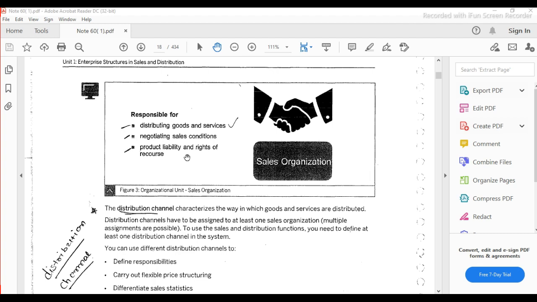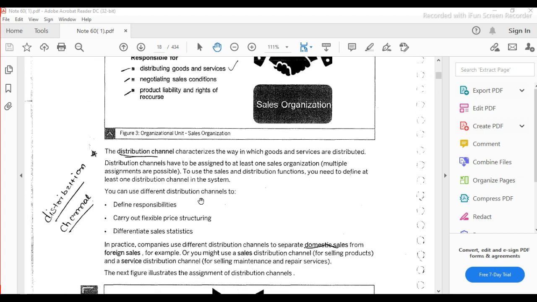It is also responsible for product liability and right of recourse. If any damage is there in the product, who will be responsible for taking the goods back from the customer? After getting a complaint from the customer, the sales organization will be responsible. Product checking, product quality, liability, right of recourse, everything is the responsibility of the sales organization.